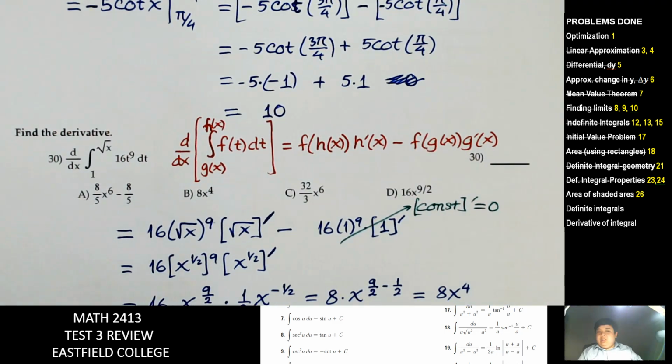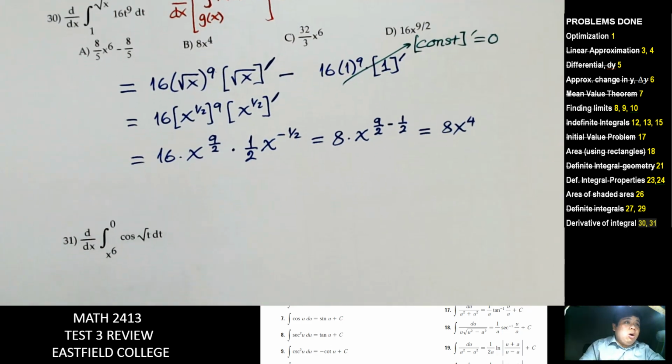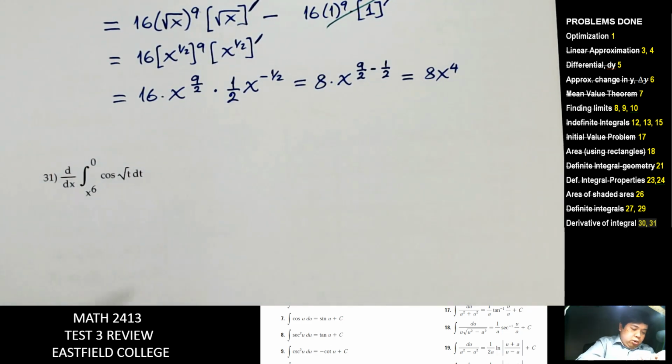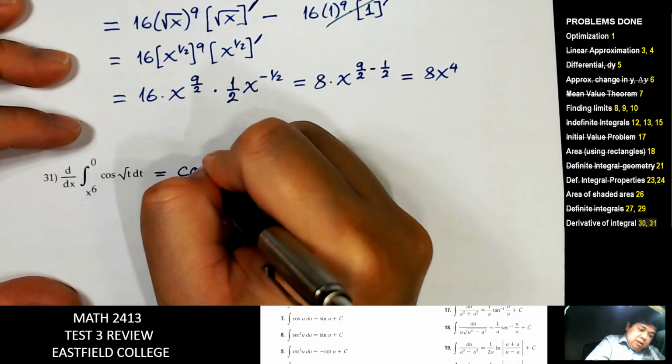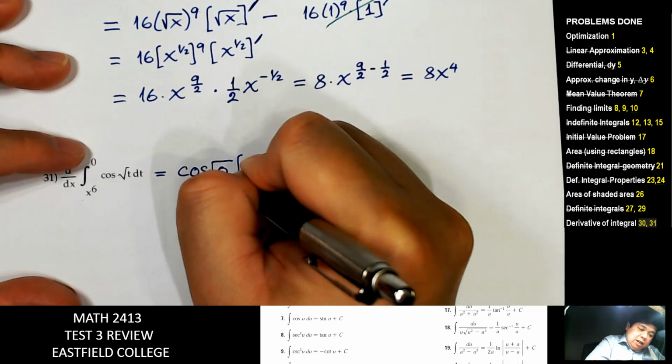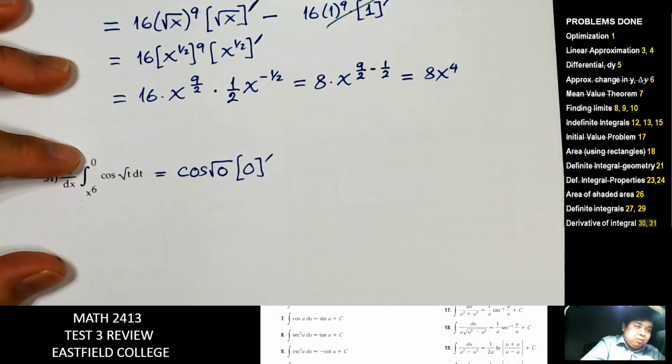I keep forgetting to update the list: 27, 29. Right, I'll do 31 as well. So first we substitute that in here, and then the derivative of what we just substituted.